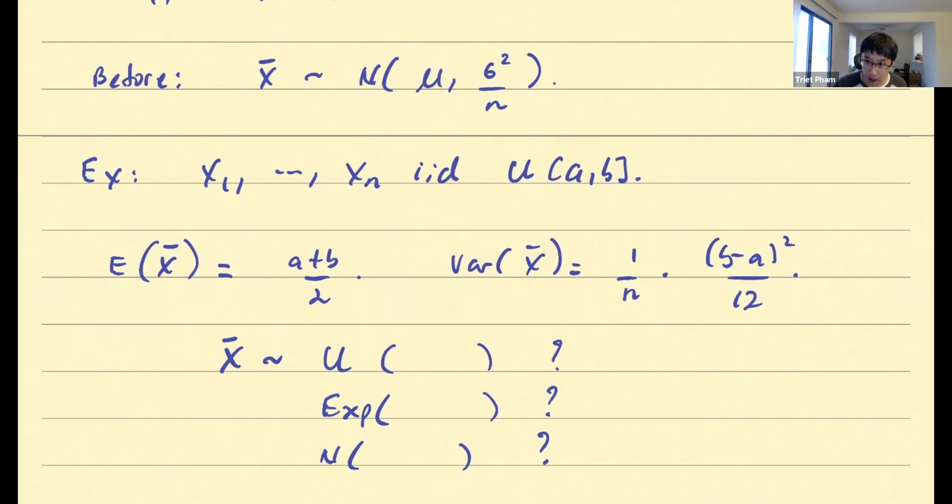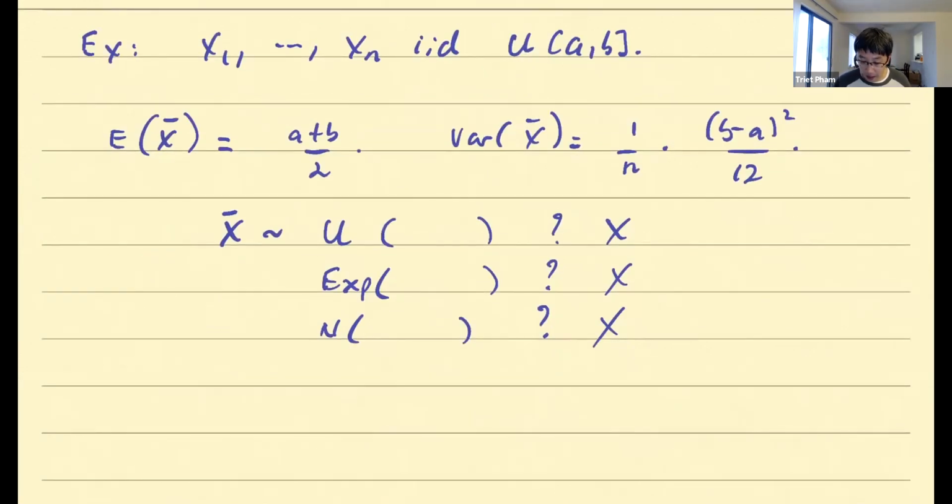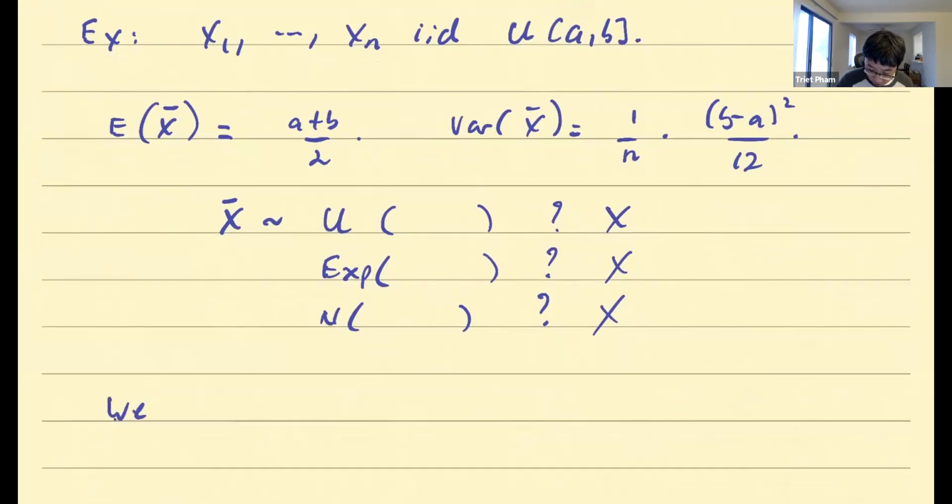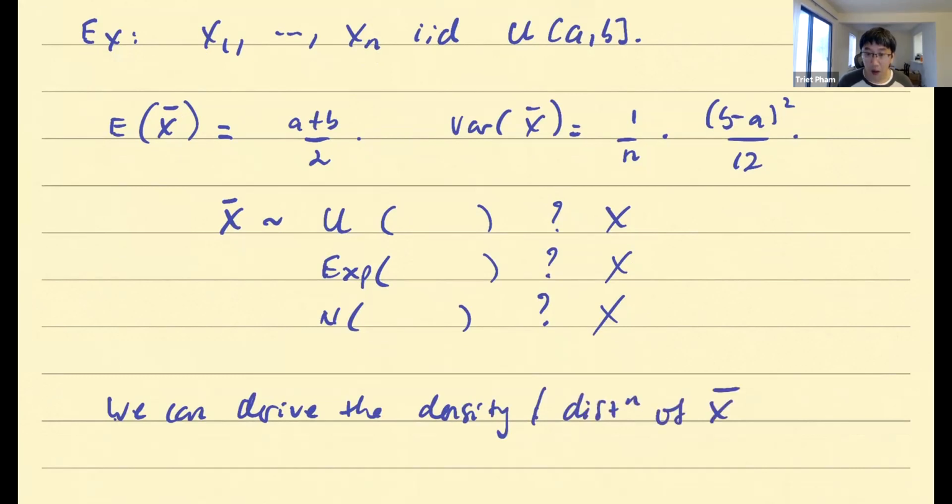So first of all, let's strike down the obvious. None of this is true, including the normal. So we can derive the density, or the distribution, of X bar in this case. But A, it is tedious unless you know what you're doing, and B, it is going to be an unnamed distribution.